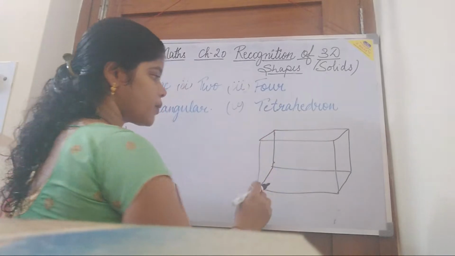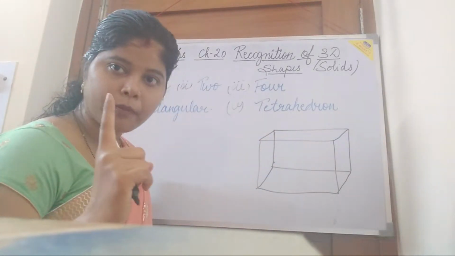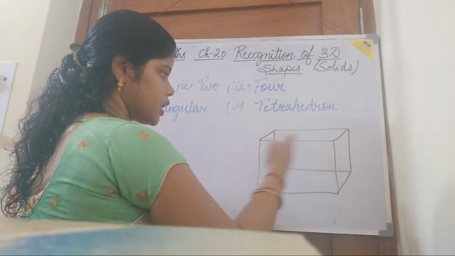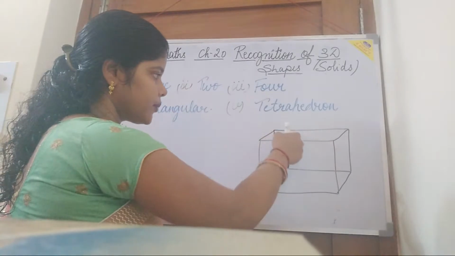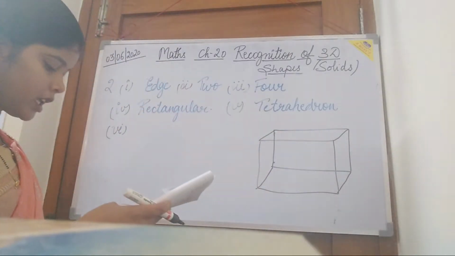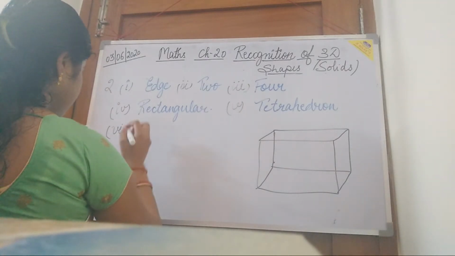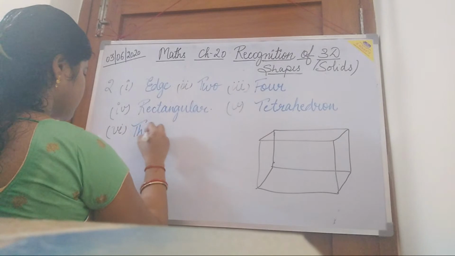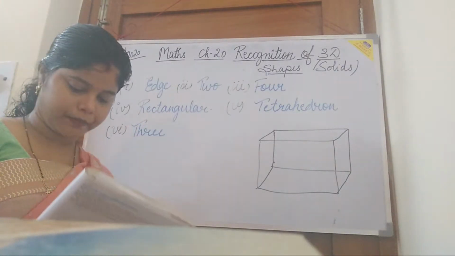So here, one pair of opposite faces is front and back, that forms one pair. Side faces are the second pair, and the top and bottom the third. So a cuboid has 3 pairs of opposite faces. So here you will write 3 pairs of opposite faces.